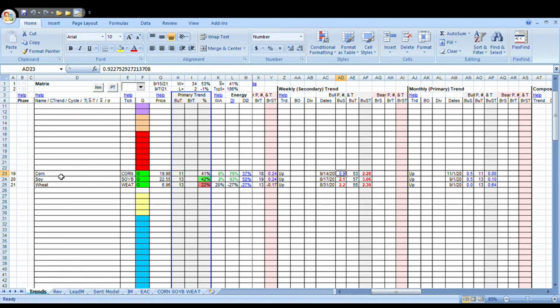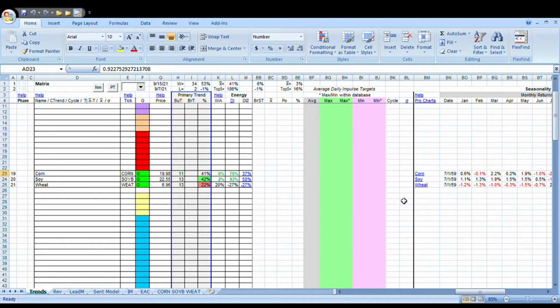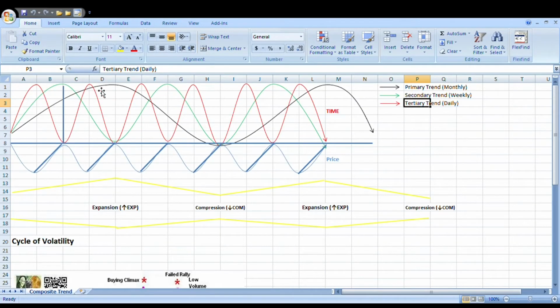In this case, the grain market shows none of that. It shows up over here in the cycle and the sigma reading, and sigma is pulled in right here, but there's nothing here. It's because the composite trend is stuck between a high compression state and a low compression state. If we come back to here, in a high compression state, everything's moving higher, it's breaking up, it's moving.